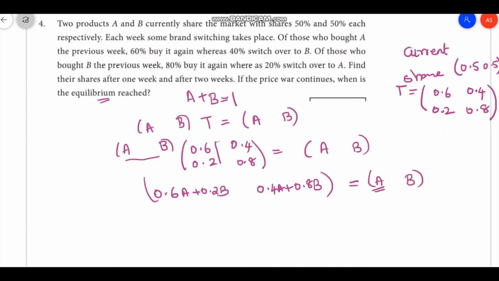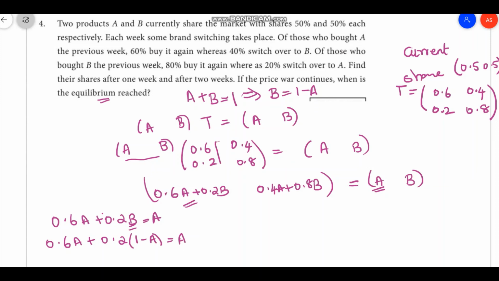Let me equate only the first element: 0.6A plus 0.2B is equal to A. In the place of B, we will substitute; B is nothing but 1 minus A. So 0.6A plus 0.2 into (1 minus A) is equal to A. Removing the bracket, 0.6A plus 0.2 minus 0.2A is equal to A. Simplifying these gives 0.2 plus 0.4A is equal to A.